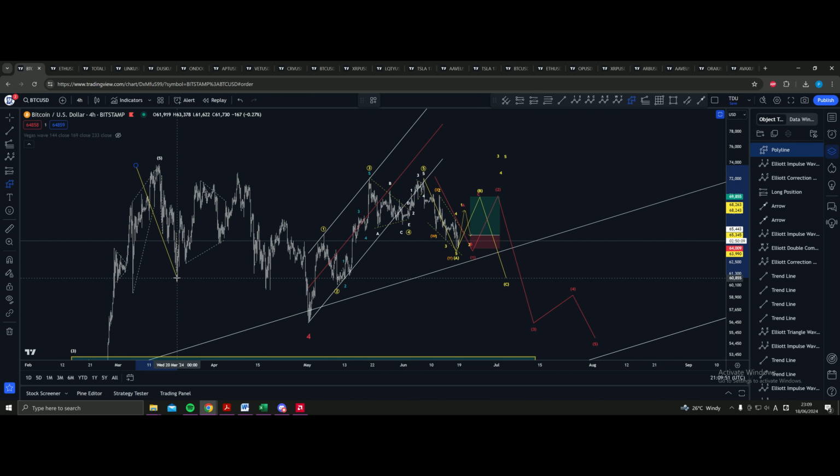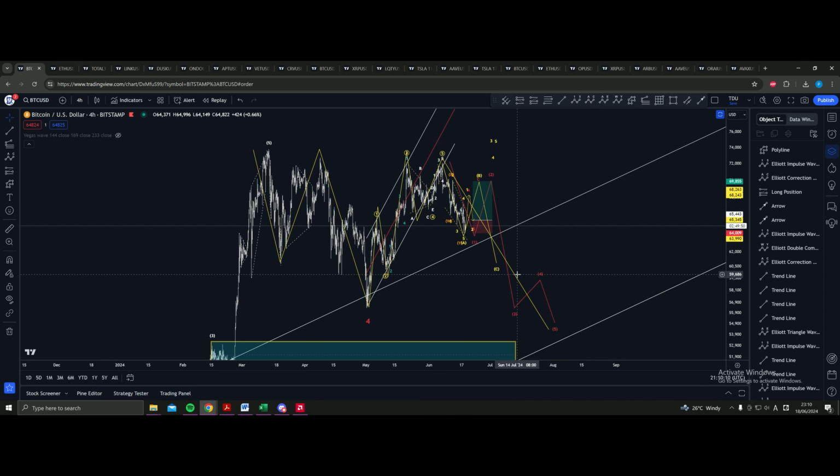So if we have a flat over here as a wave W, and we have a zigzag as a wave X, and now we have this ugliness here as a 3, and a 1 2 3 4 5.